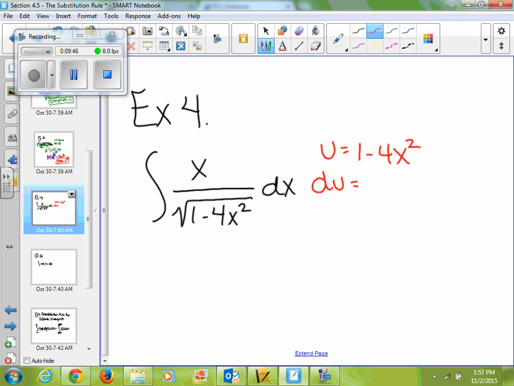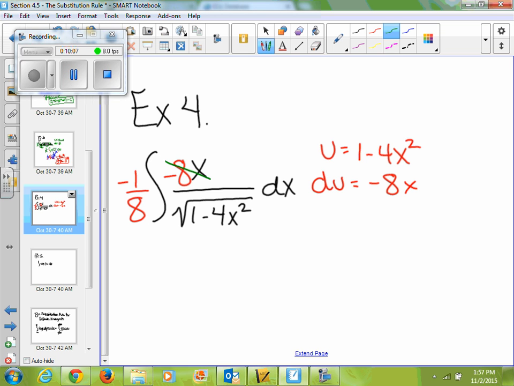So then what would my derivative equal? Negative 8x. Good. And I already have my x, but I don't have my negative 8. So if I add my -8 to the inside, then I'm going to add -1/8 to the outside.